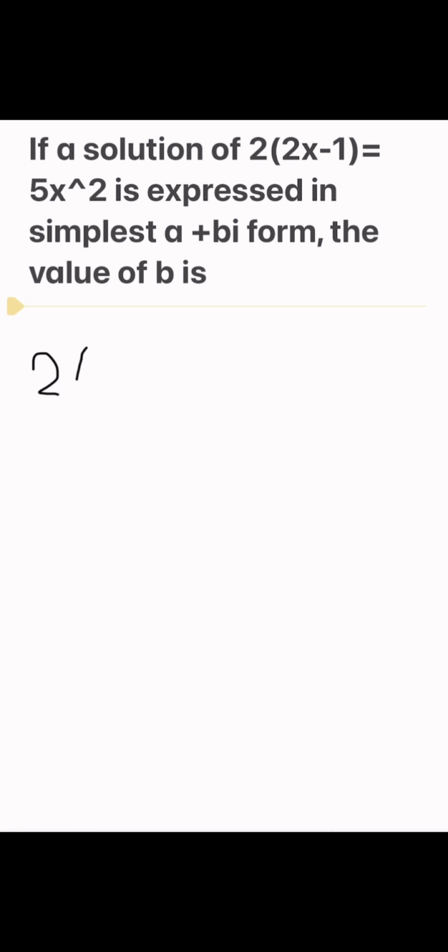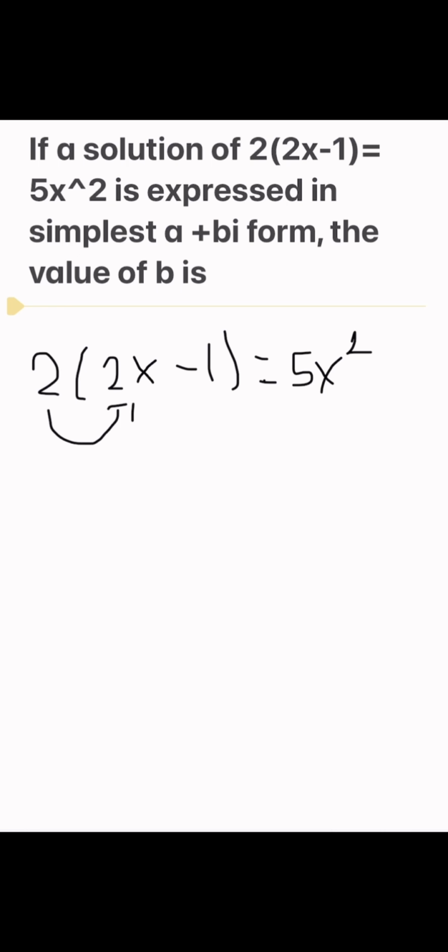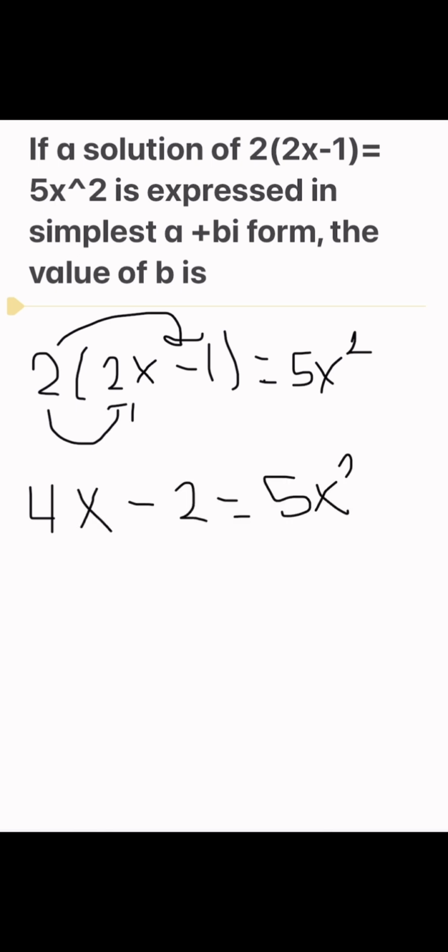2 times 2x minus 1 equals 5x squared. Now, we multiply, and we'll get 4x minus 2 equals 5x squared.